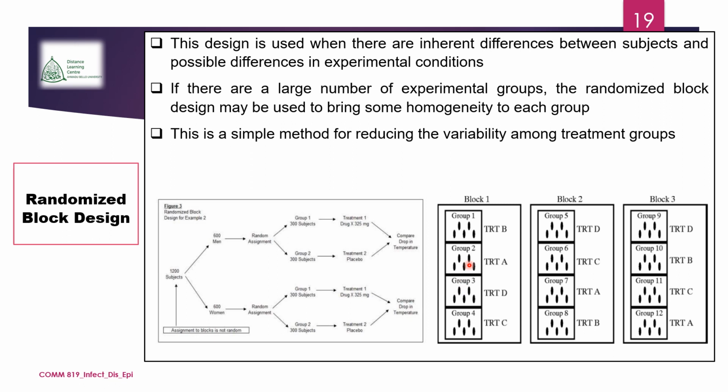Then if you look at group 2, it received treatment A, group 7 treatment A, and group 12. So it means group 12, 7, and 2 all receive the same treatment. By arranging this way, the randomized block design may be used to bring some homogeneity to each group.